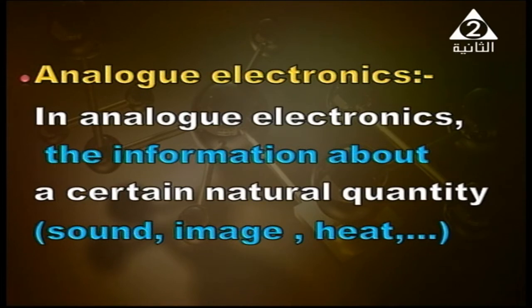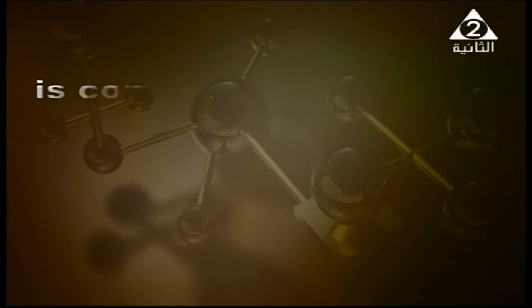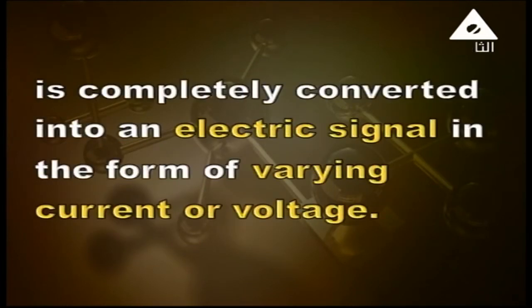So the information is completely converted into an electric signal in the form of a varying current or voltage. Okay, this was about analog electronics.